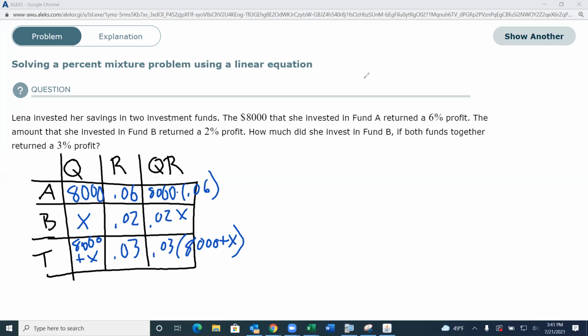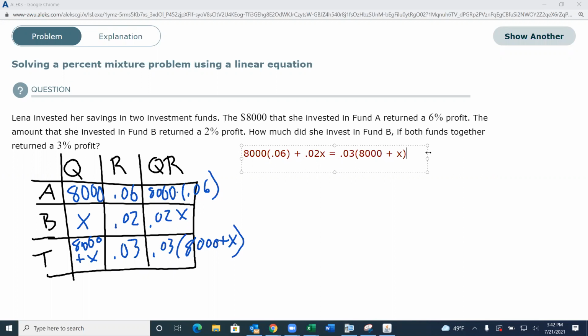Maybe I'll just type this out, that'll be easier for you to read. So 8,000 times 0.06 plus 0.02x equals 0.03 times 8,000 plus X.